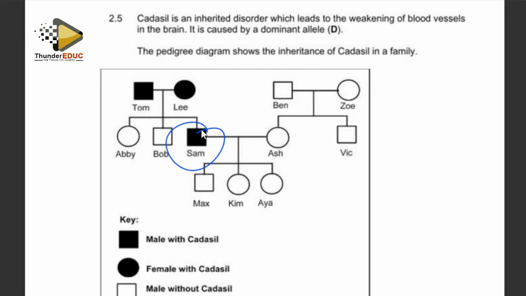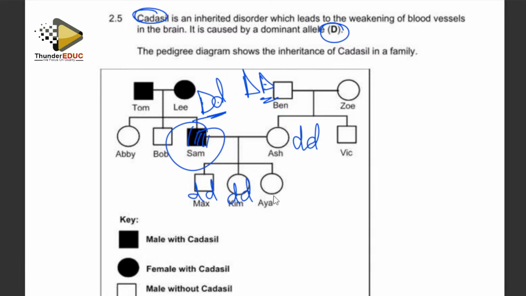Alright, so let's try a small bet and then we see. Sam has the disorder, and the disorder is caused by a dominant allele, so Sam must have a dominant allele somewhere. Is Sam capital D small d, or capital D capital D? But Sam married Ash, who is small d because he is normal, and all the kids are small d.